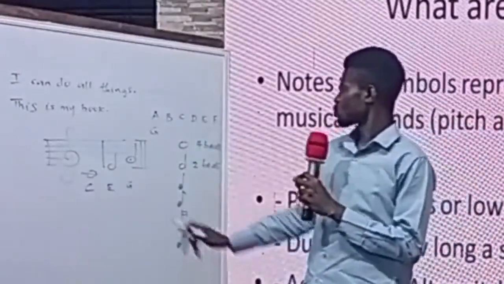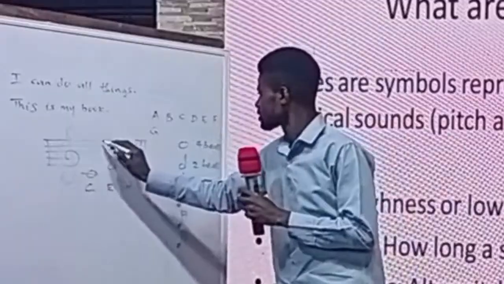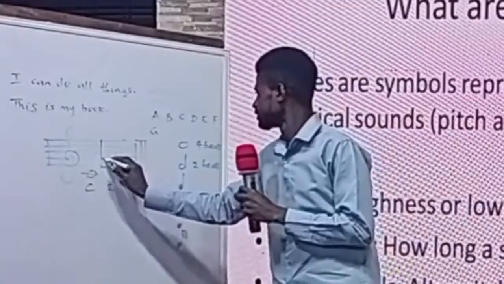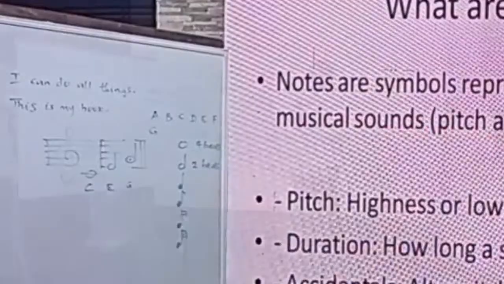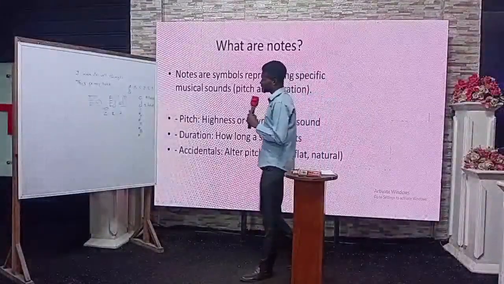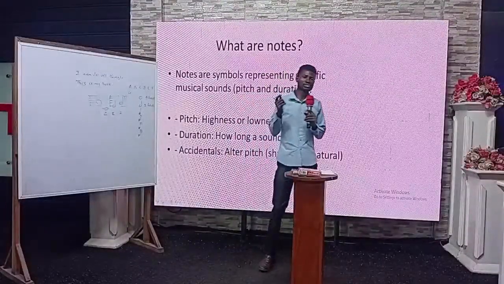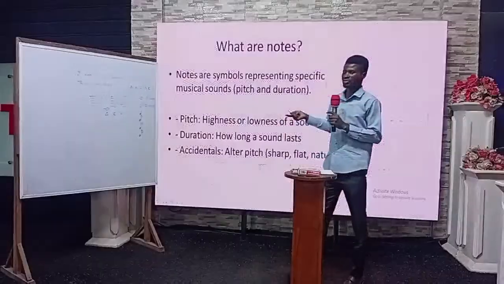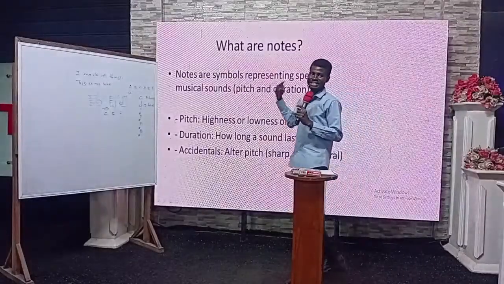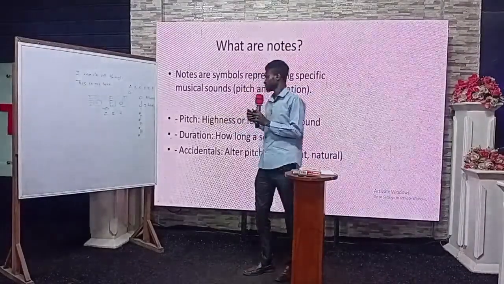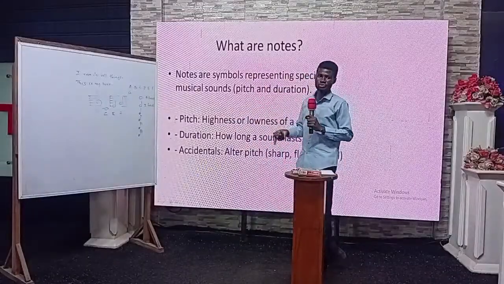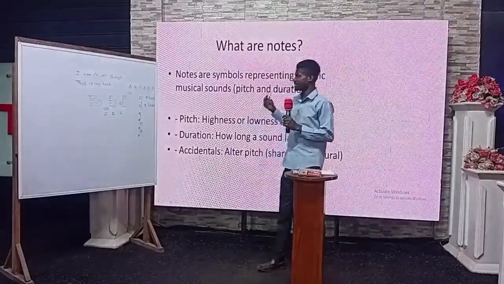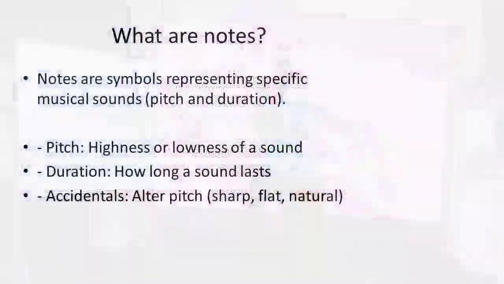Now, if I want to achieve that on the staff, then I will make use of what is called an accidental. An accidental is also a symbol that is used in music to reduce or to increase the pitch of a note. I repeat again, an accidental is used to reduce or to increase the pitch of a note.